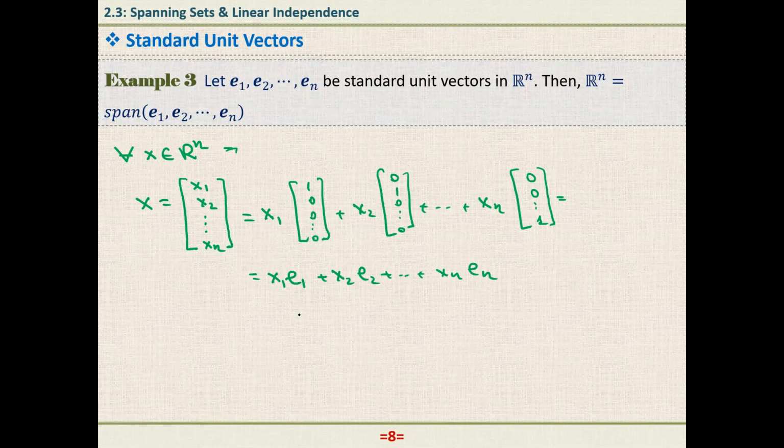Any vector, as you see here, I can write as a linear combination of these n vectors, which means that Rn is equal to the span of these unit vectors. Actually, these are called standard unit vectors, right?